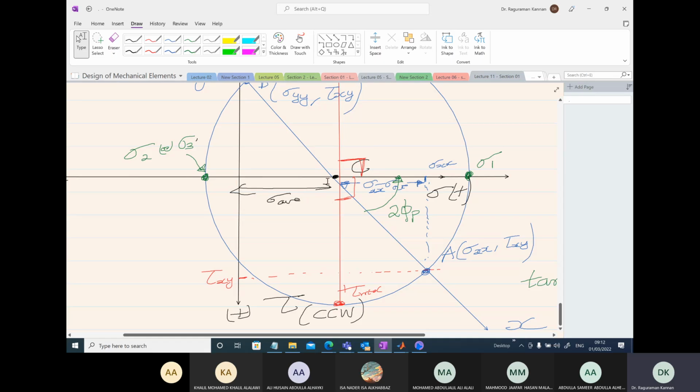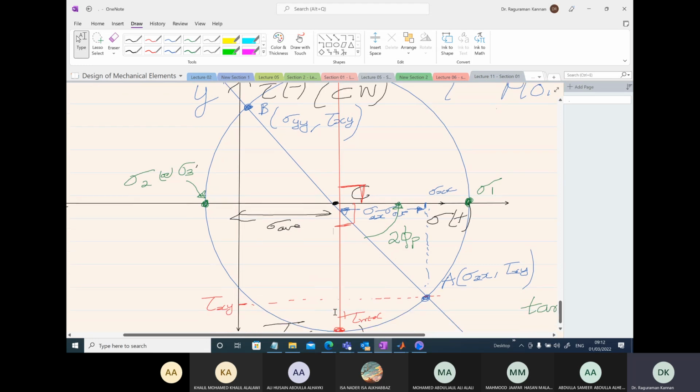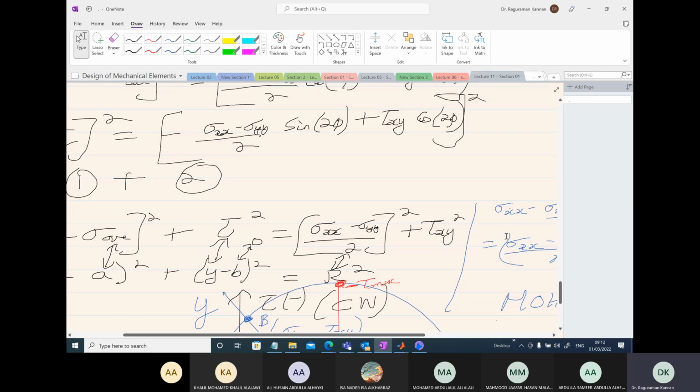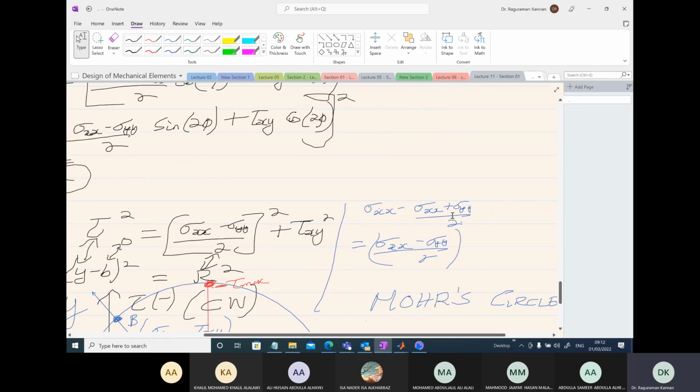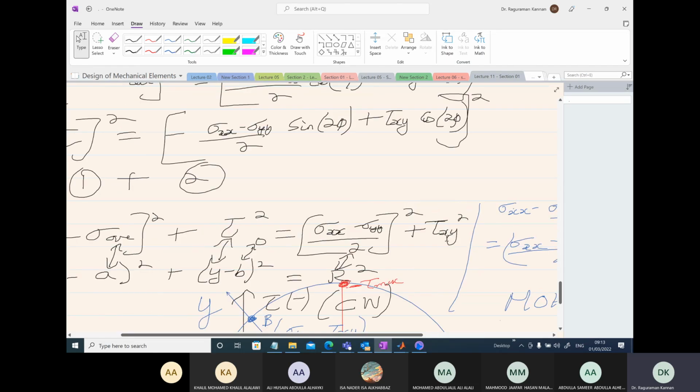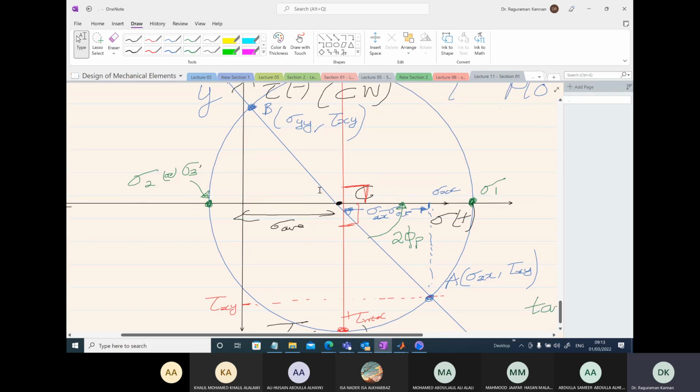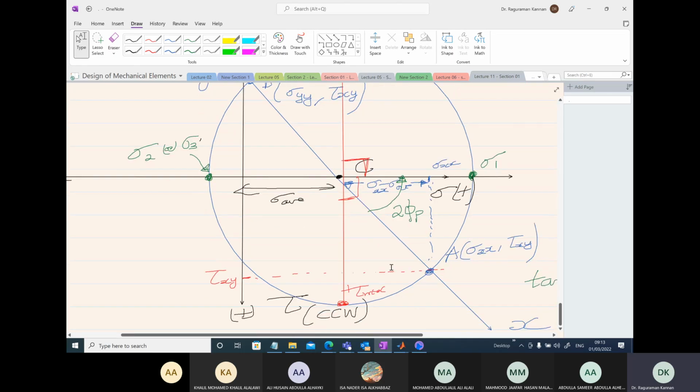Rather, we have equal normal stresses in both directions, and the value is given by sigma average, which is nothing but sigma xx plus sigma yy over 2. Okay, so from the Mohr circle we can see that the graphical method is very intuitive, and you can quickly get the results for the maximum shear stress direction or principal stress direction and the values. So this is the Mohr circle method.